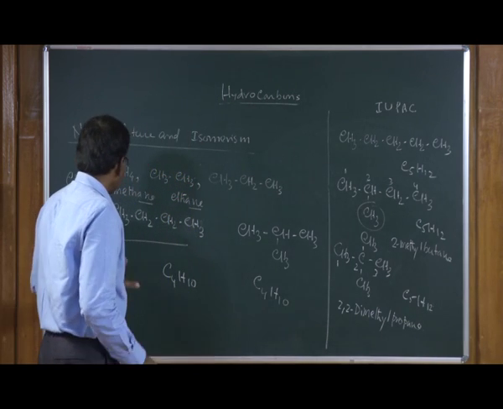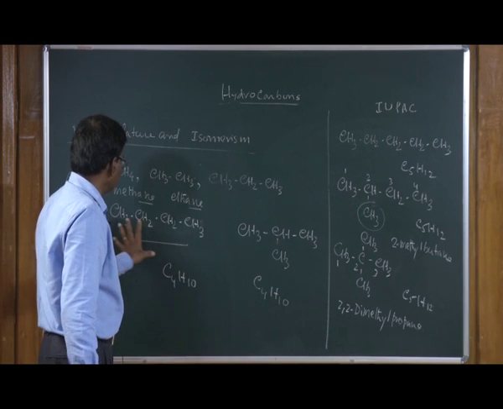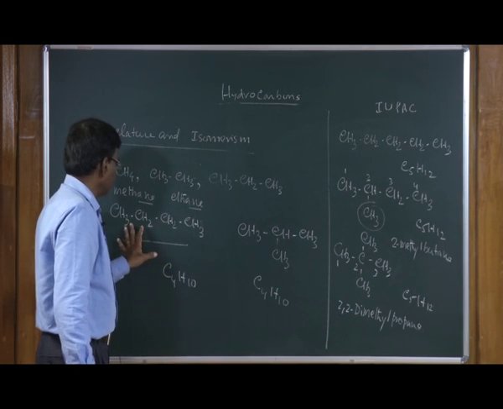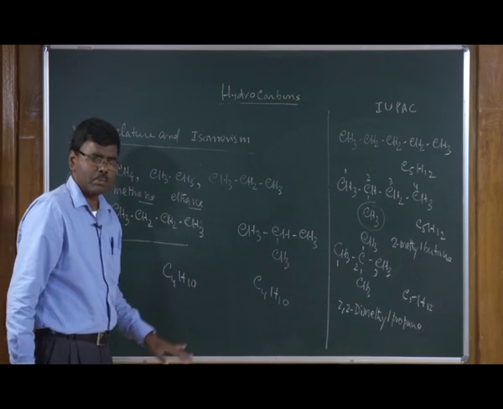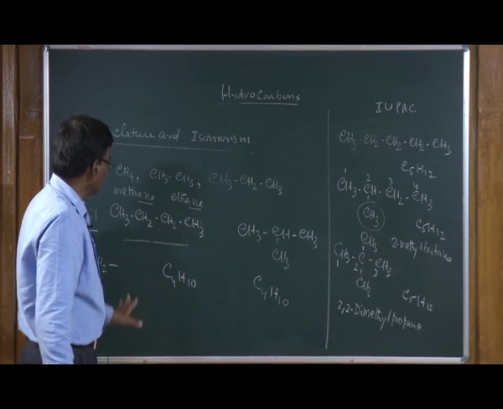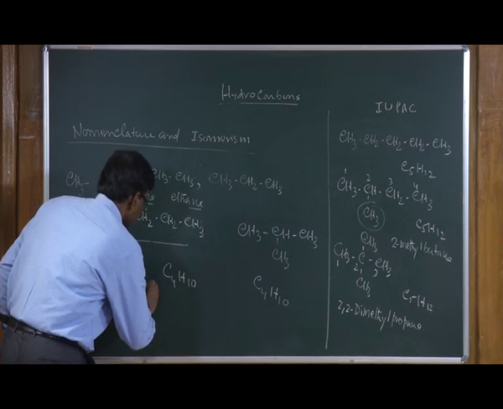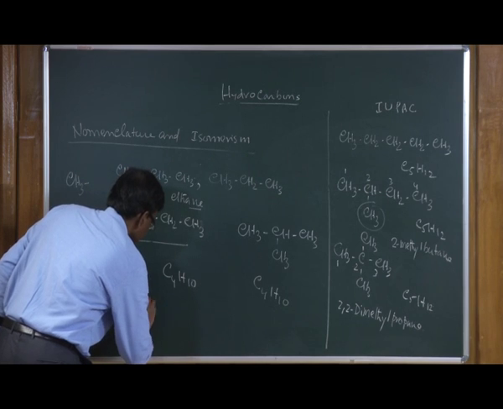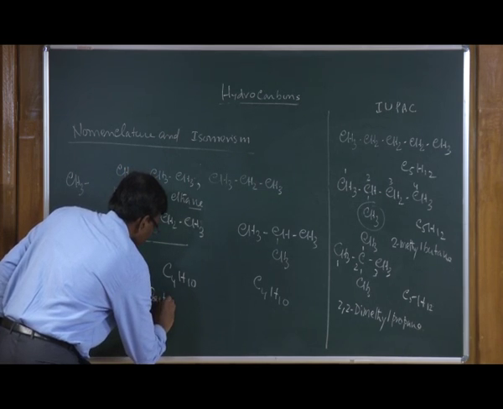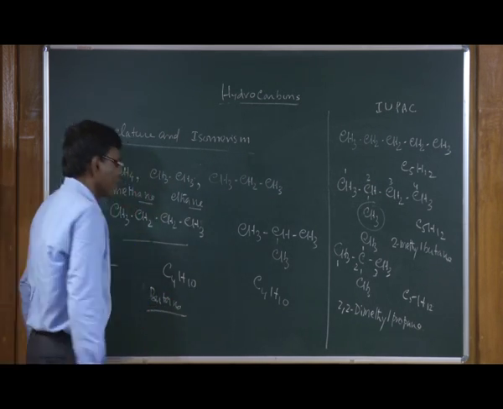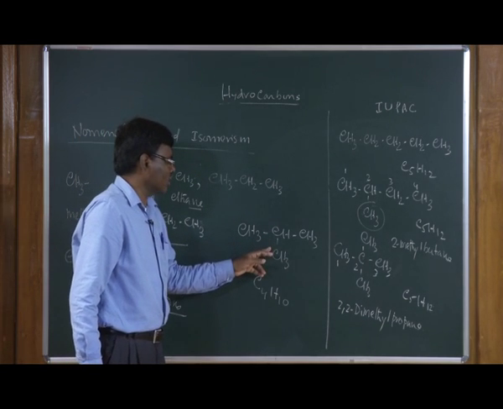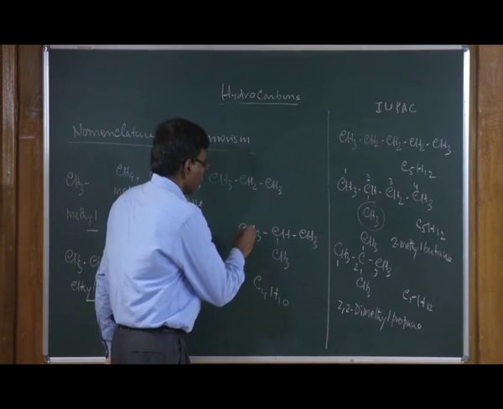Now let us look at butane. One is a linear structure, another is a branched structure. This is called butane, there is no problem. Now for the name of this compound, you have to start numbering.